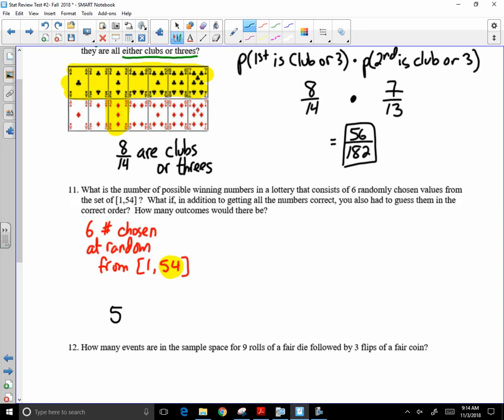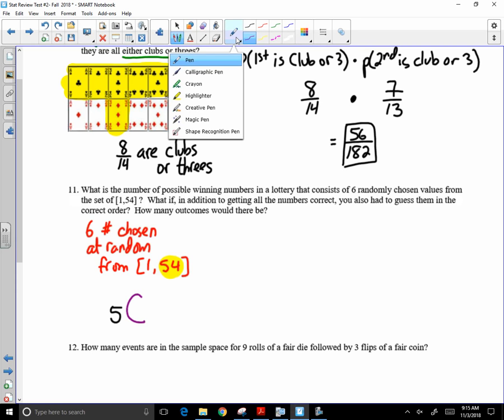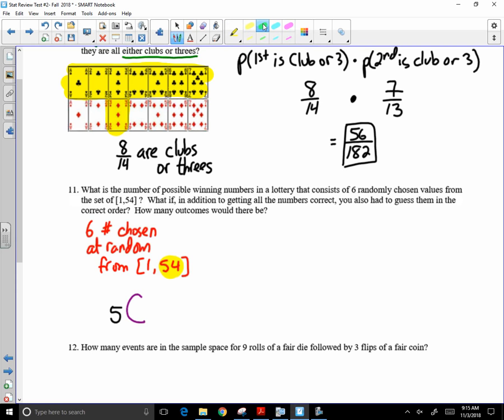And from those 54, we need to choose 6 of them. All right. Traditionally, in a lottery, the order would not matter. So we use the combination for that. All right. Order does not matter.